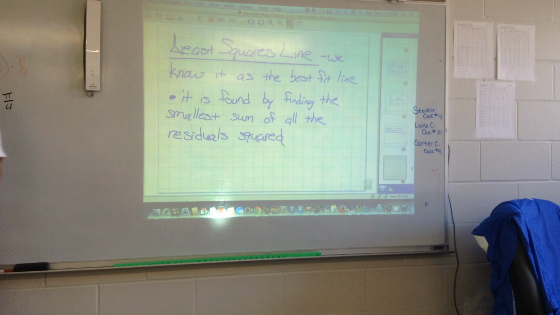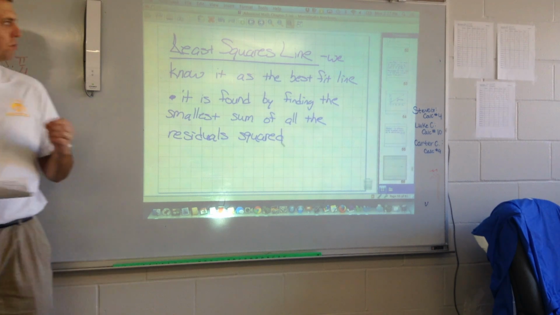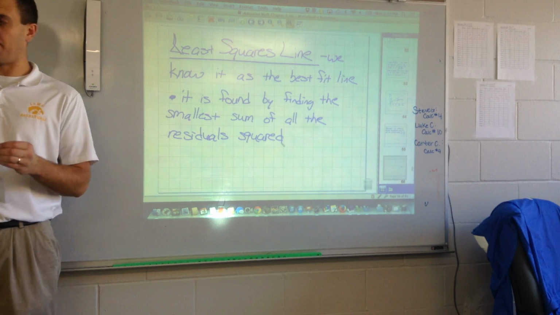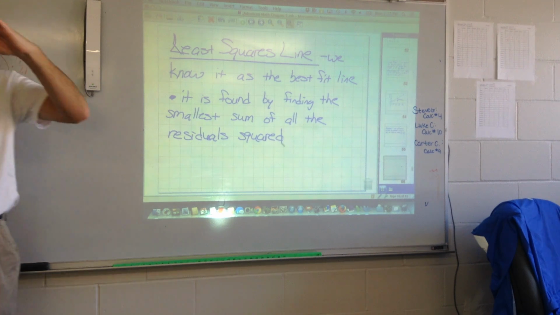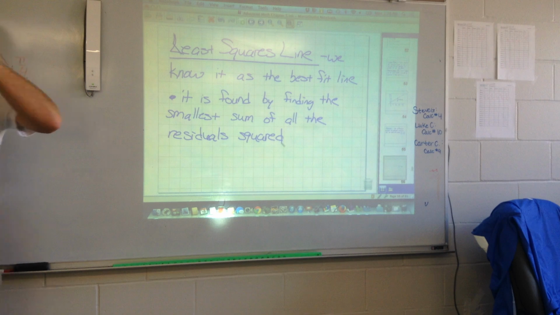And there's some very in-depth mathematics in order to find the minimum of all those squares added together. They go through a proof on one of the pages in your textbooks. If you were able to follow along with that, pretty impressive. You're not going to have to be able to do it.